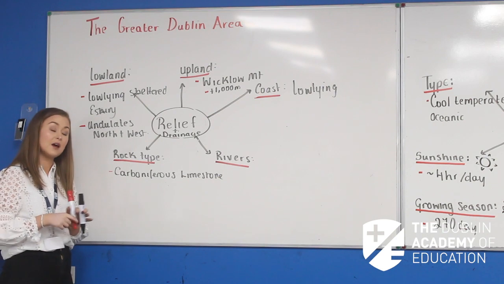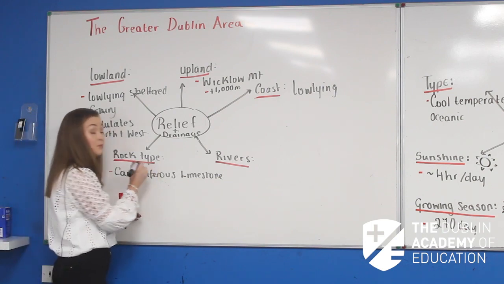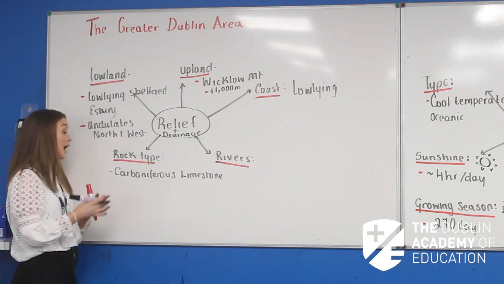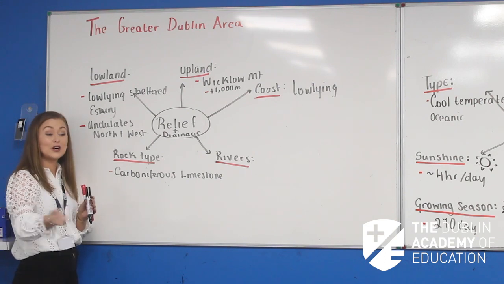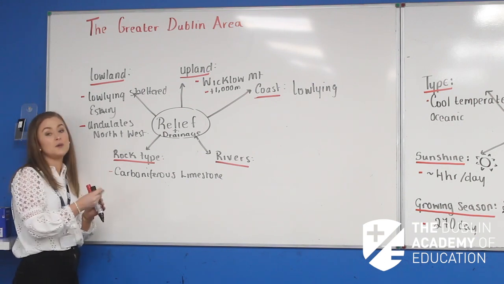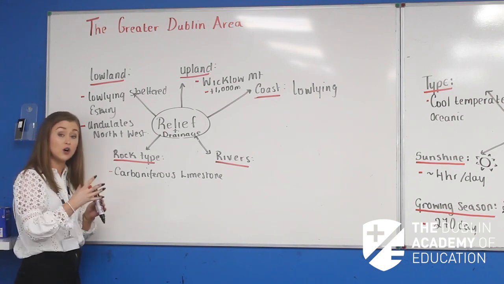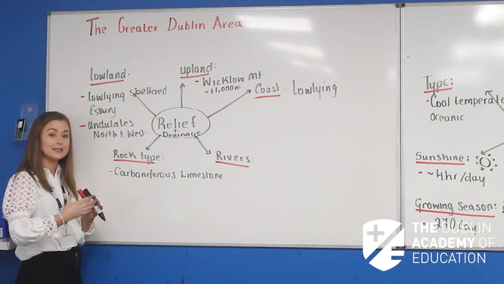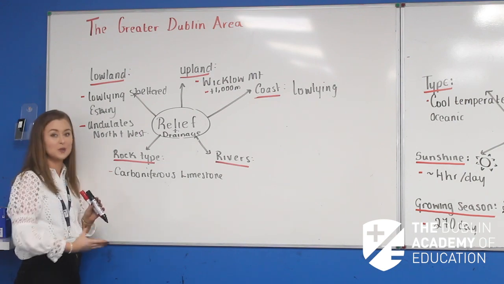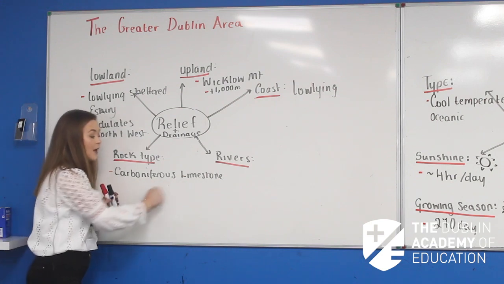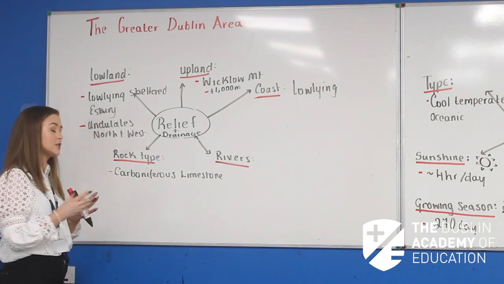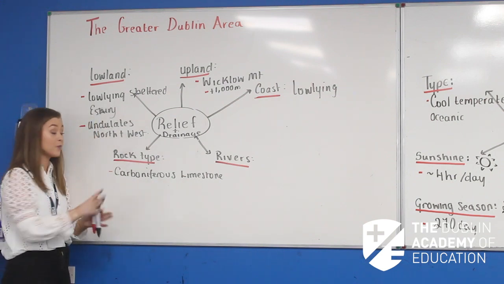Now, Carboniferous limestone we have all met before. As I always say, when you're doing your karst region essay, if you do not mention Carboniferous limestone, and you just talk about limestone, you're kind of telling your examiner the grade that you should be getting, okay? Carboniferous limestone is our type of limestone associated with karst regions, okay?